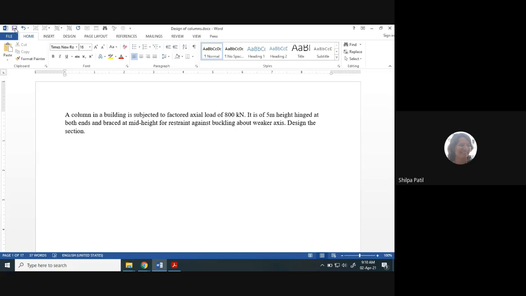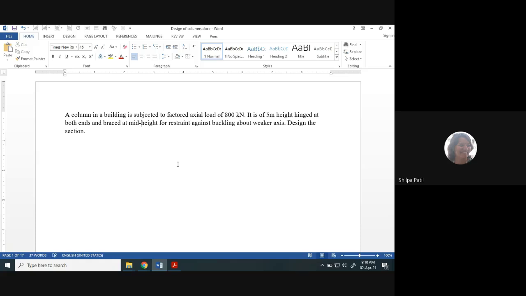Design the section. So the load acting on the column is given, the height of the column is given, and the support conditions are also given. We are supposed to design the section. So let us start with the calculations.